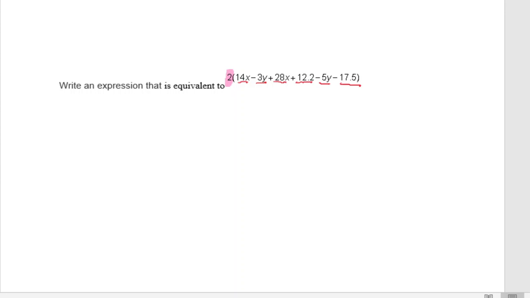I need to pay attention to signs. A positive 2 times a positive 14x is 28x. A positive 2 times a -3y is -6y. A positive 2 times a positive 28x is positive 56x.